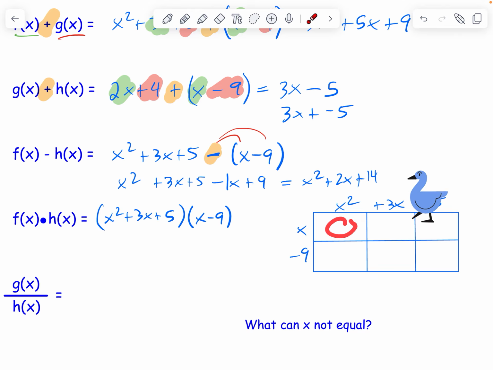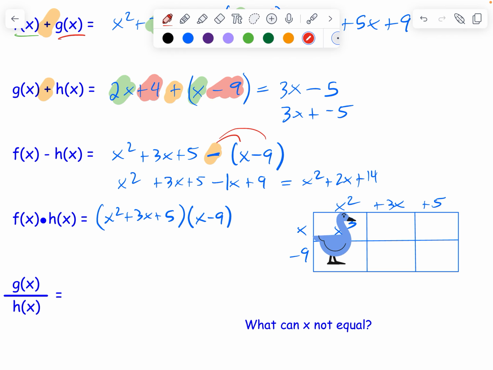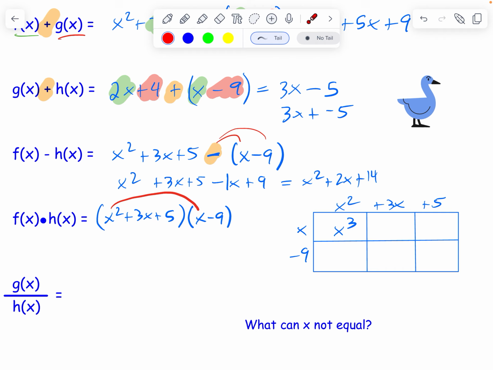So this box is x times x squared, which is x cubed. Just to maybe show you, that is that connection, that multiplication, okay? Let's go across. This box is x times 3x, so it's 3x squared.